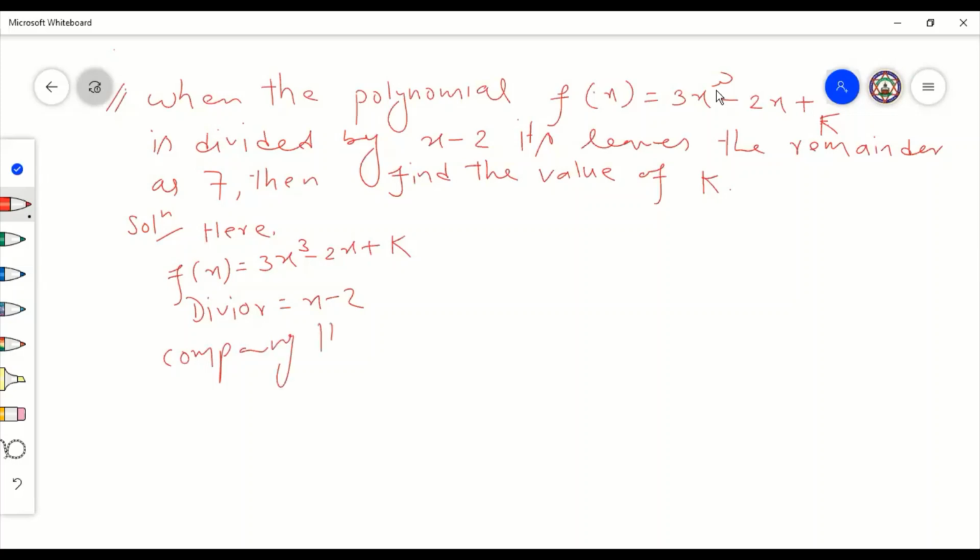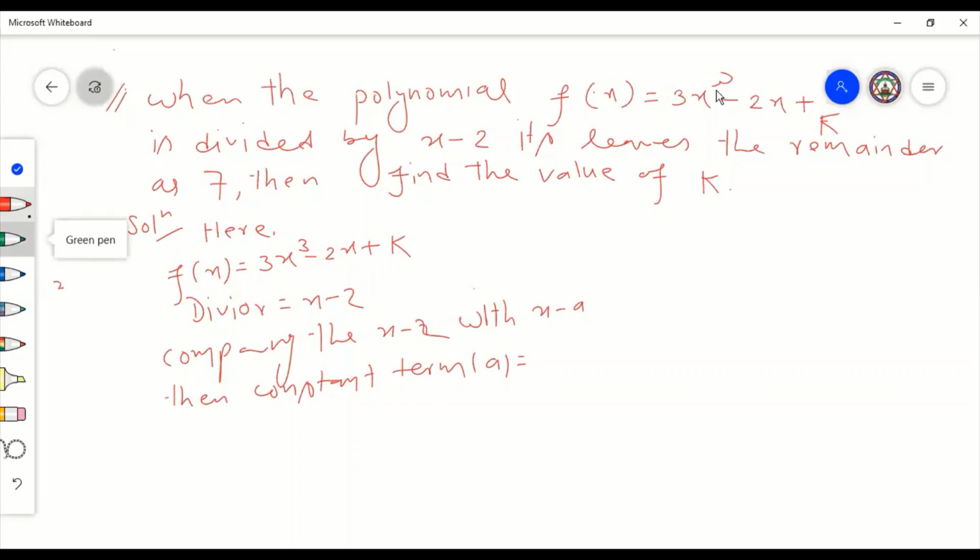Comparing x minus 2 with x minus a, the constant term a equals whatever value is given here.